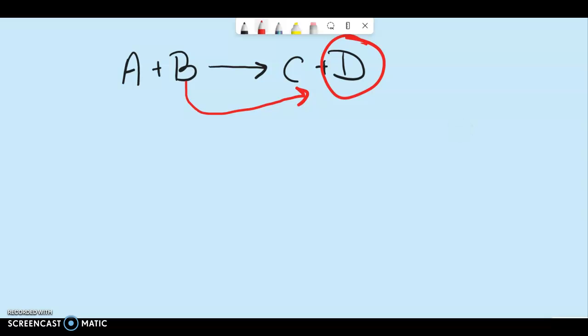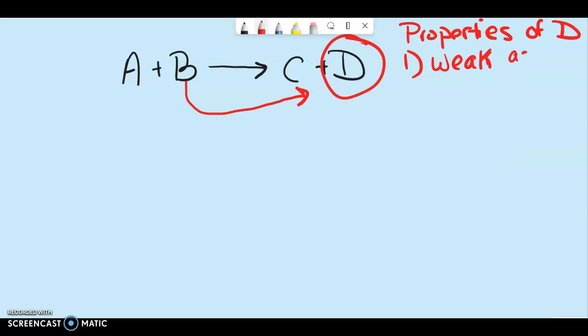Let's look at D. Let's look at the properties of D. If D is weak, and when I say weak, I mean weak acid or weak base. So we'll combine those into one point. If D is a weak acid or weak base, then the reaction will happen.